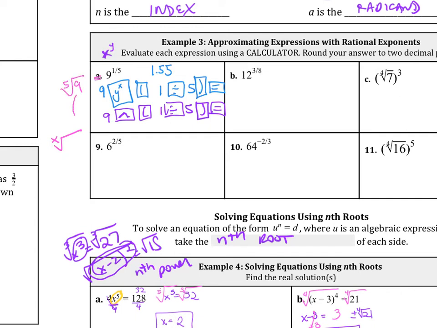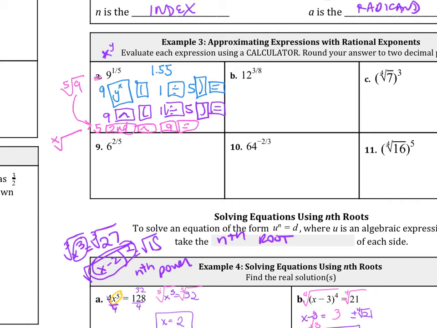Now if you wanted to use it in that form, just as an FYI, you would have to type the 5 first, then you press second, that caret button, and then you press 9 and then enter, and that will give you the same answer. Okay, so it just depends on how you see it, and you can try either way, whatever you are most comfortable with, whatever you will memorize when you are doing the test.